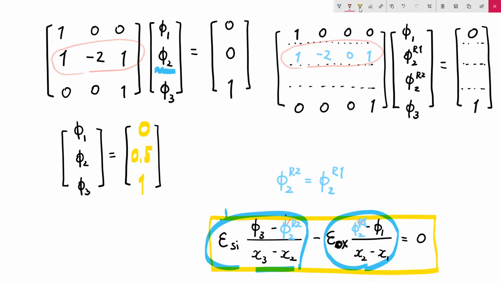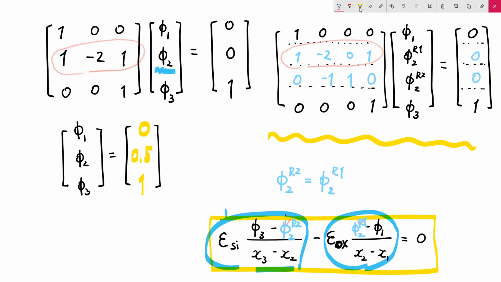And in this case, now we have phi 1 and phi 2 at region 1, and phi 3 involved. Also we can define something like this: 1, minus 1. How about this?